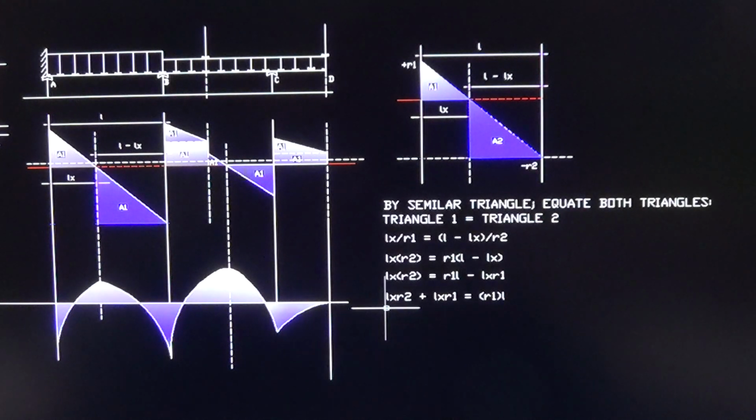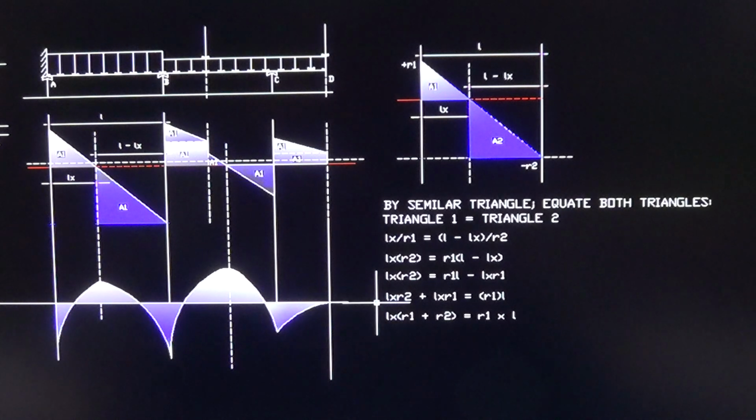So you have Lx R2 plus Lx R1 is equal to R1 times L, as R1L will remain on this side of the equation. So now you have the equation Lx R2 plus Lx R1 is equal to R1 times L.